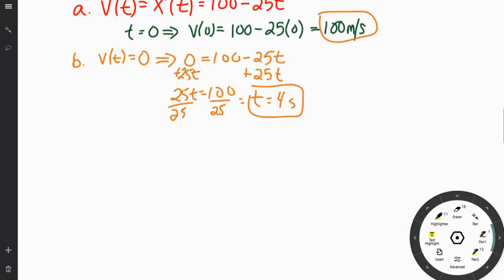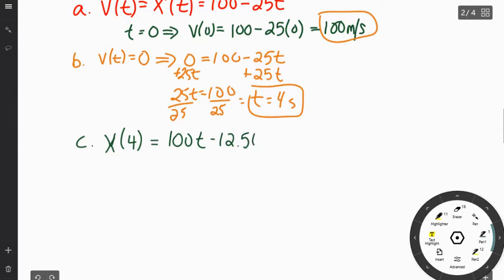Okay, so now we're going to finish part C, which is: what is the maximum height? It takes 4 seconds to get up to that maximum height. So we're going to find x of 4. We write our position function, 100t minus 12.5t squared, and now we plug in the 4. So 100 times 4 minus 12.5 times 4 squared.